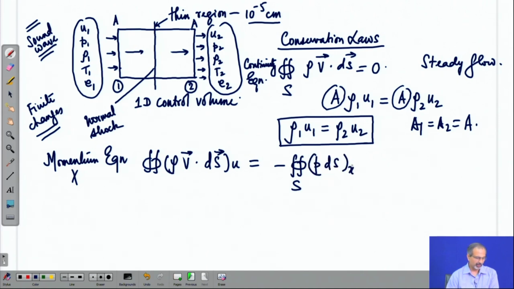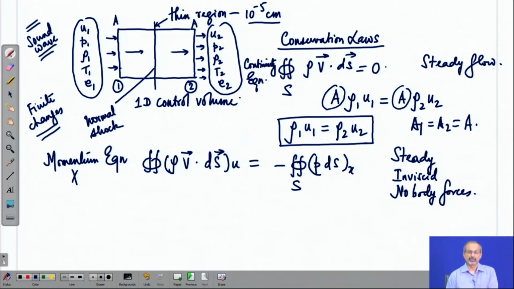So, what all other terms are we neglecting? The time dependent term is neglected because we are assuming a steady flow. Then we are assuming it to be an inviscid flow. So, viscous terms on the right hand side of the equation will not be there, plus there are no body forces. So, these are the approximations that we are making.